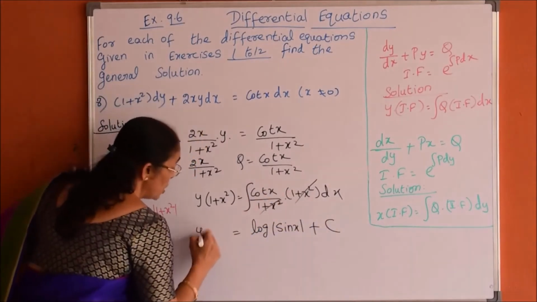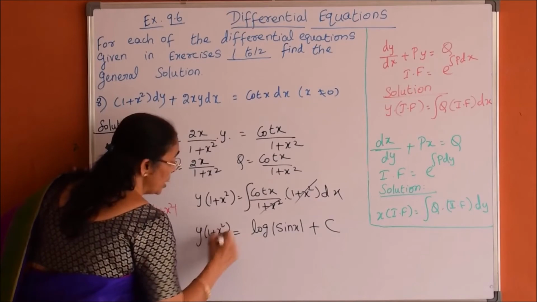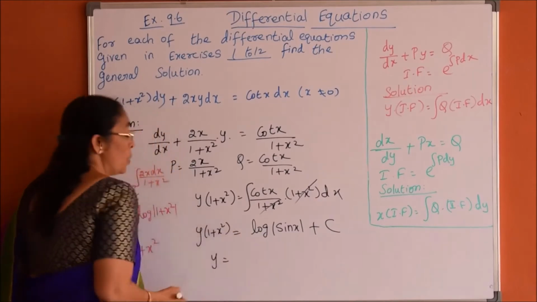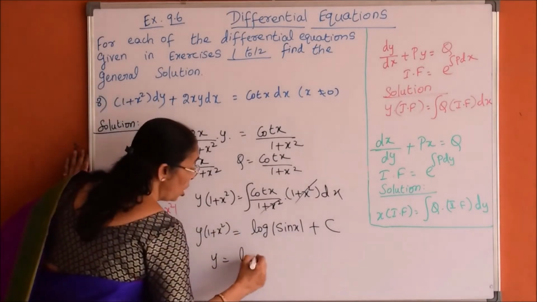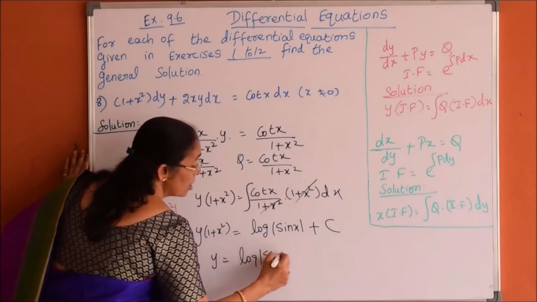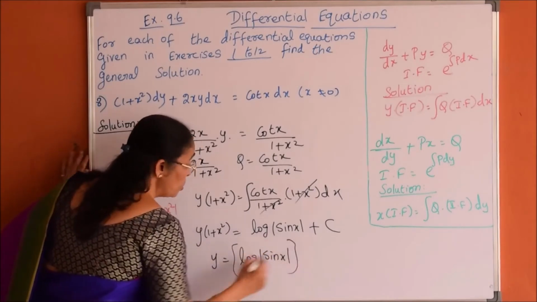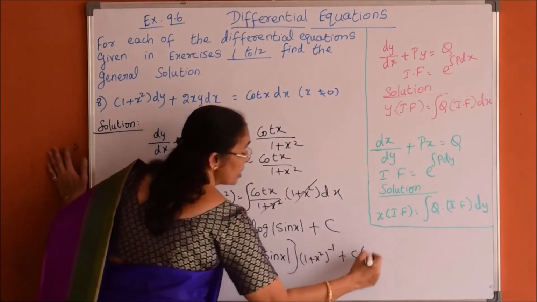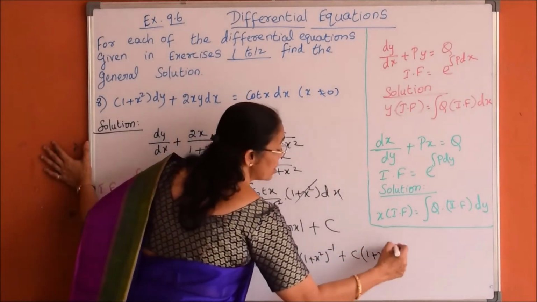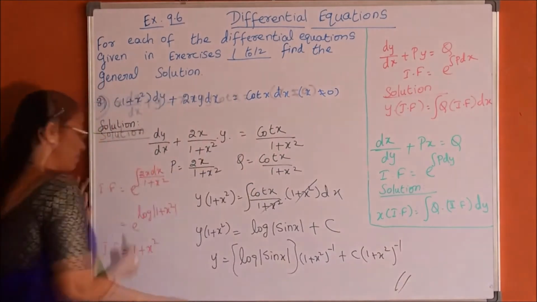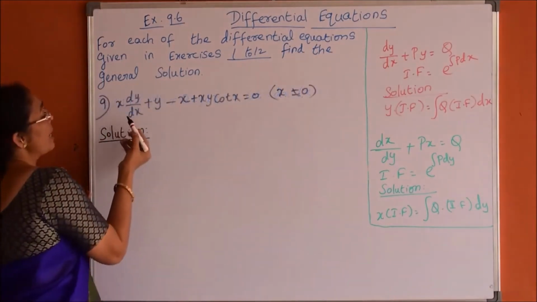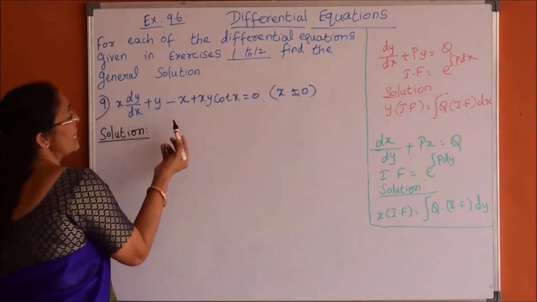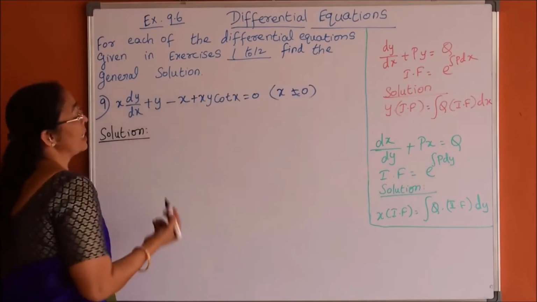Therefore, this is y into 1 plus x square, or we can give the solution as y is equal to log mod sin x into 1 plus x square whole power minus 1, plus c into 1 plus x square whole power minus 1.